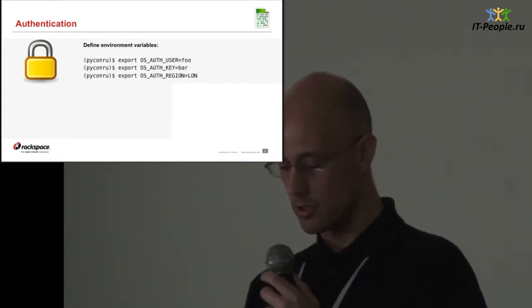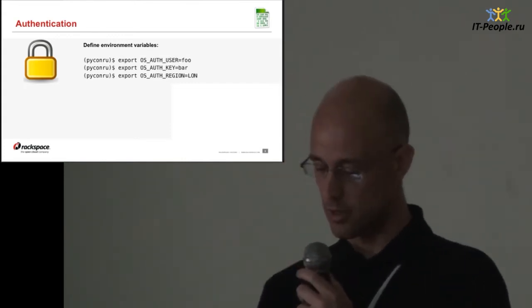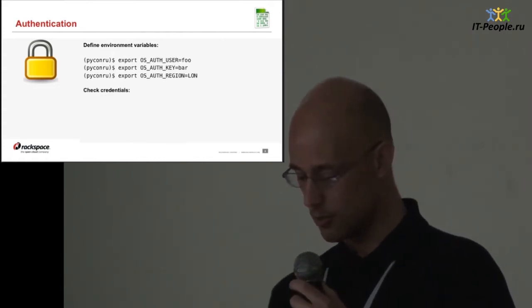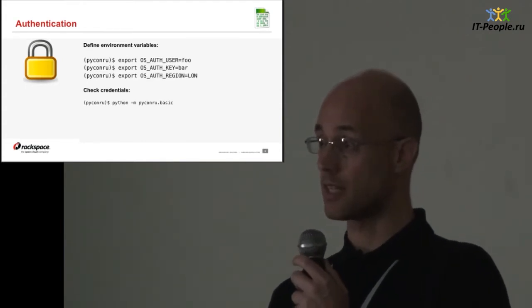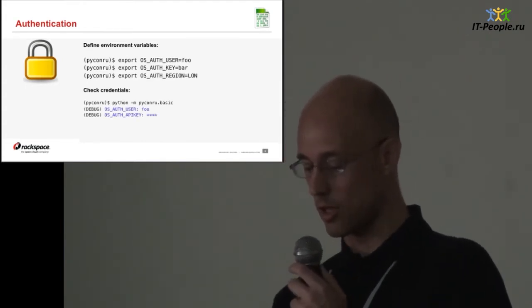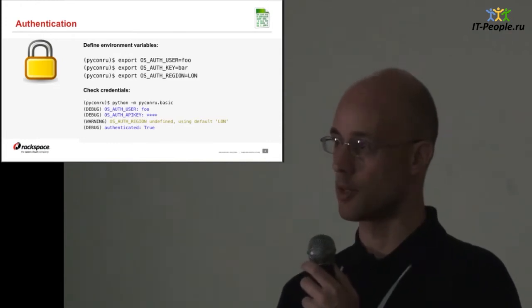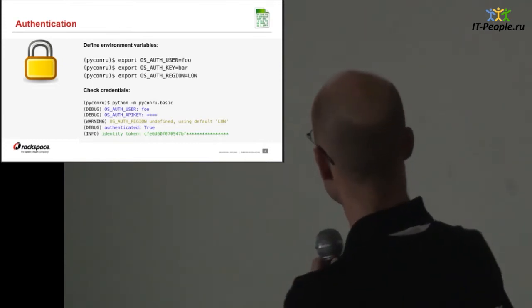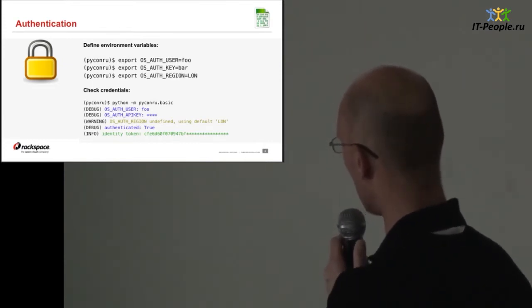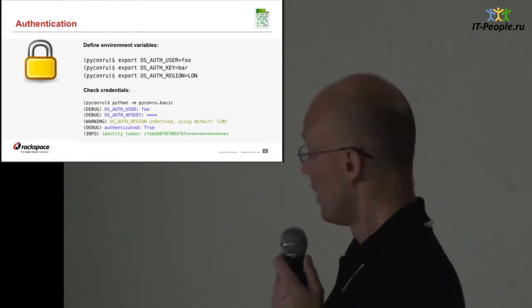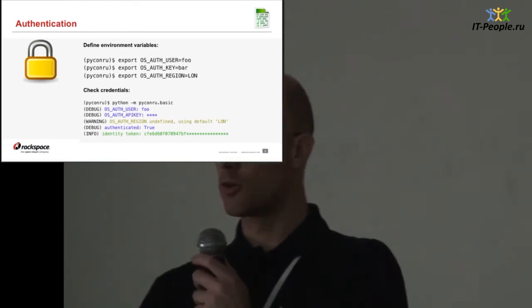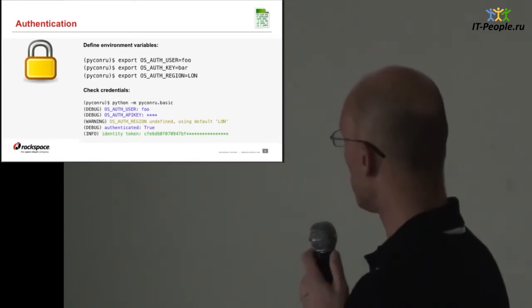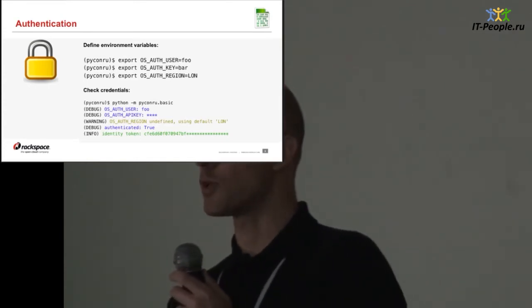So let's define and export those environment variables, and what you get if you run the snippet of code that I set up is that you are able to authenticate against an OpenStack environment. And you can see that because you receive a valid token, the green line. You can use that token instead of your password API key, which is extremely secret, and the validity of that token is limited to just 24 hours.